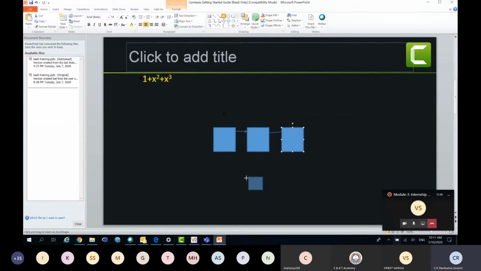So this is an XOR gate. The output of this guy, so 2 and 3 are being tapped.